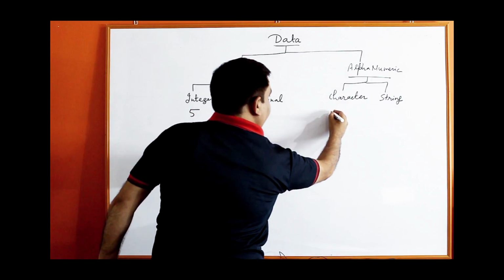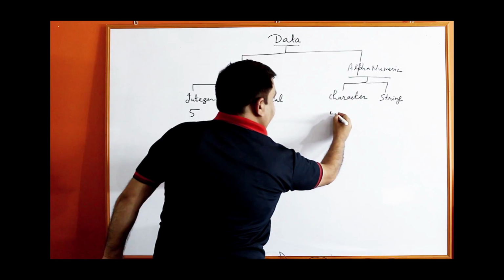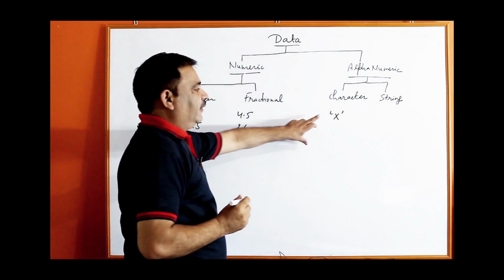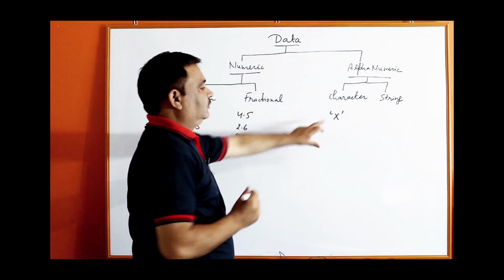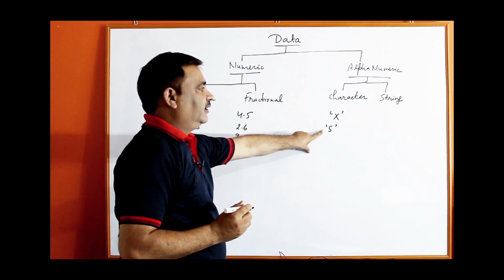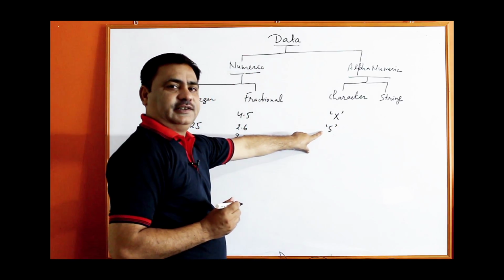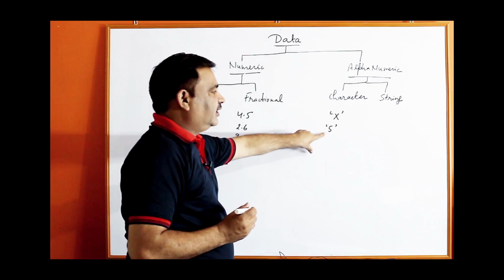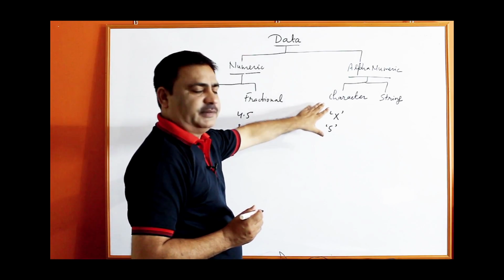Character is a single character in single inverted commas. Even if you write a digit, it is called a character, not a digit. A single character in single inverted commas is character type data.